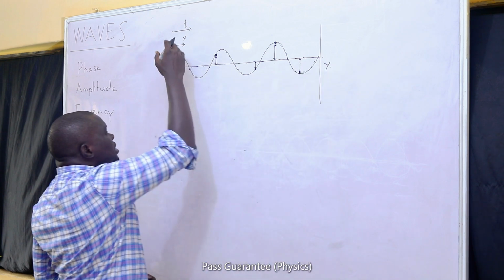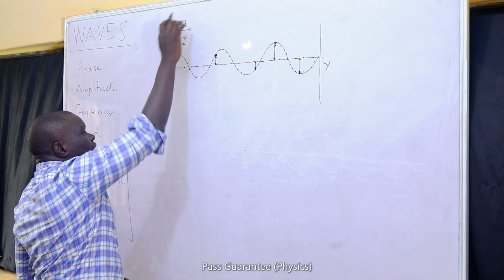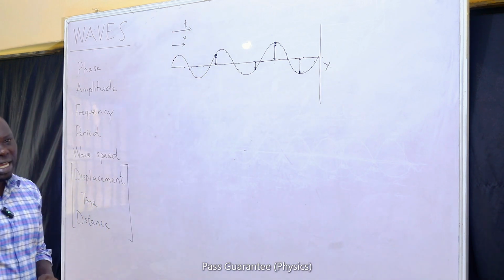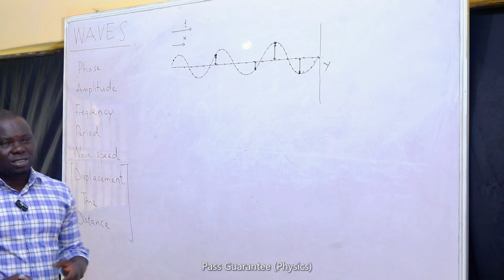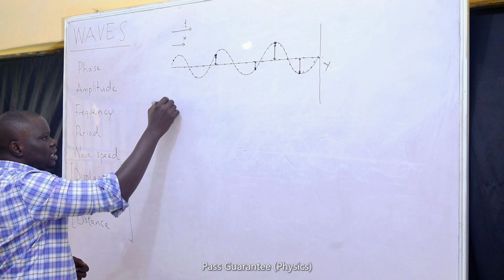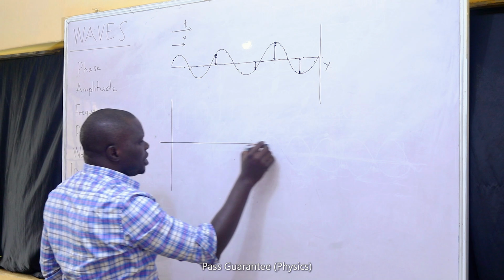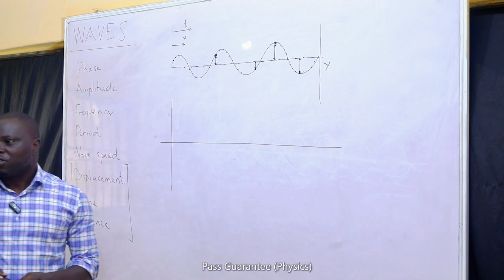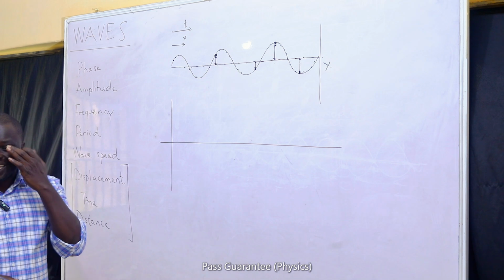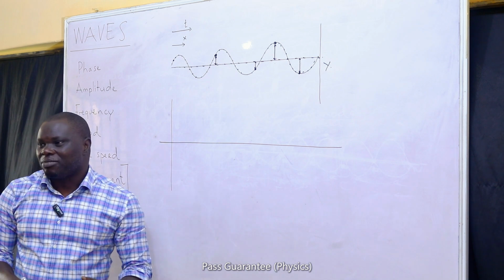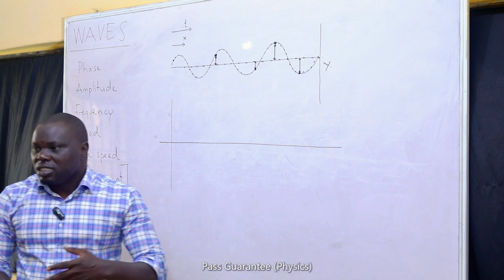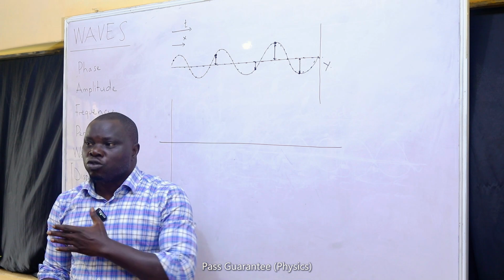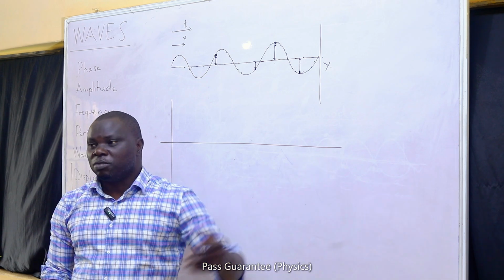Y will represent the displacement, X the distance, and T the time. So mathematically, I can plot the displacement of the particles of a wave against the distance and the time it takes the wave to be propagated across the length of the medium.